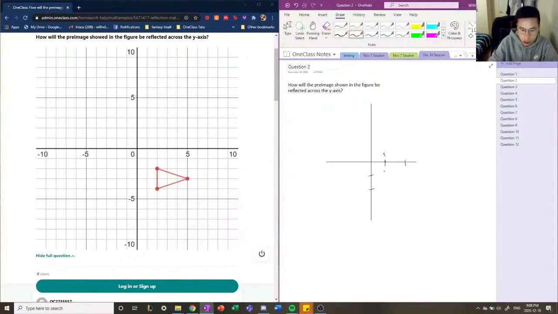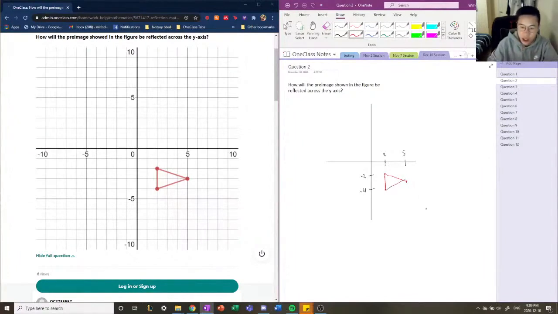So let me just draw our triangle here. 2, -4, and 5, -3. So in between these two. Okay, so this is 5, and this is -2, -4. Okay, so our triangle looks like this. Excuse my badly drawn lines. I'm pretty bad at drawing.